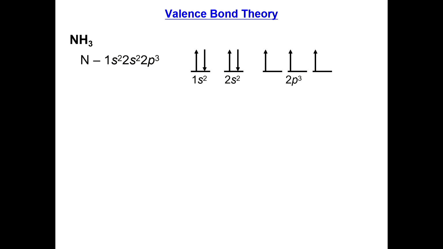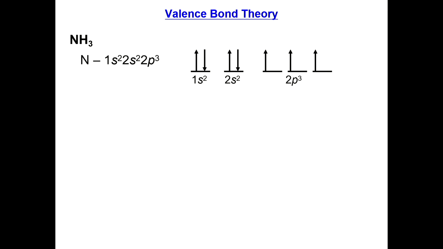We know its electron configuration is 1s2, 2s2, 2p3. So these are the 1s and 2s electrons, and it has three 2p electrons, right? So these three electrons will stay like this, one in each orbital. This is decided by Hund's rule, right?